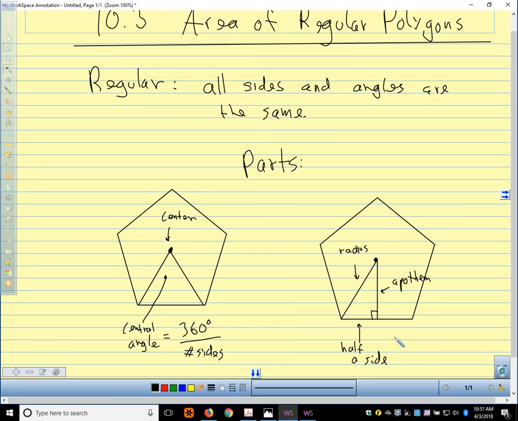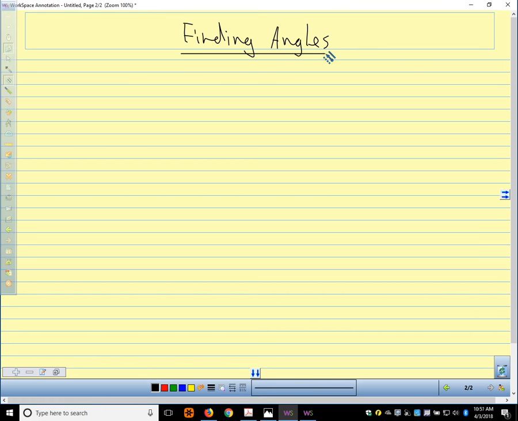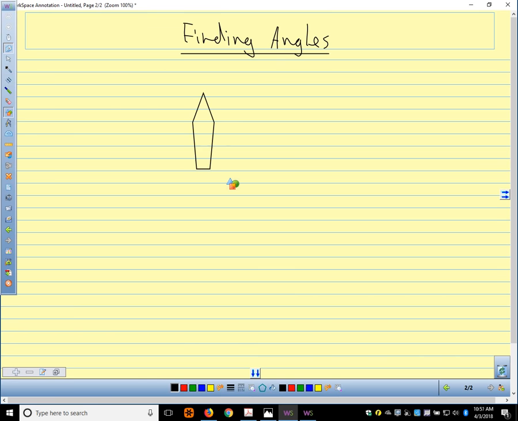Well, now that we know this idea, we can use that to find angles in polygons. And finding angles is going to be important in finding areas. So, finding angles. I'm going to stick with a pentagon, and we're just going to do an example.